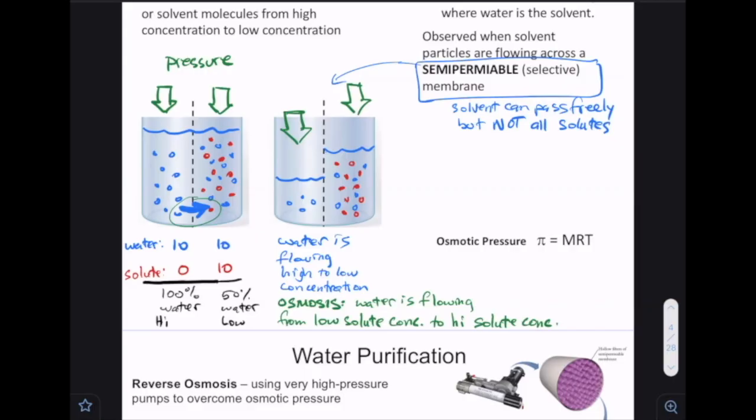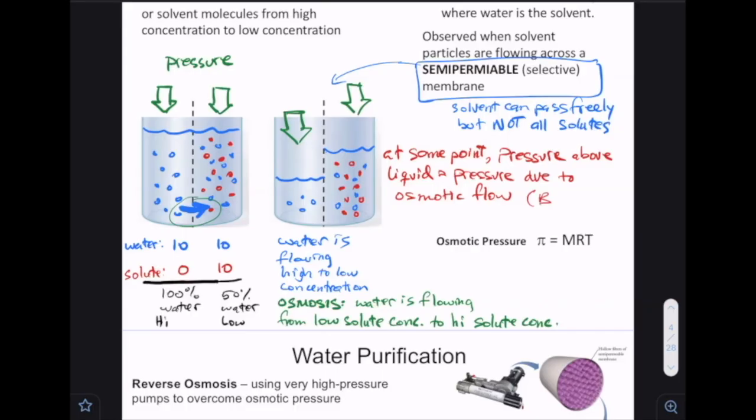But now we have a pressure of net flow going from the left to the right-hand side, and it stops because at some point there's going to be a balance between that flow and the pressure from above the solution. And that's going to give us a new balance. There'll be a new equilibrium there.